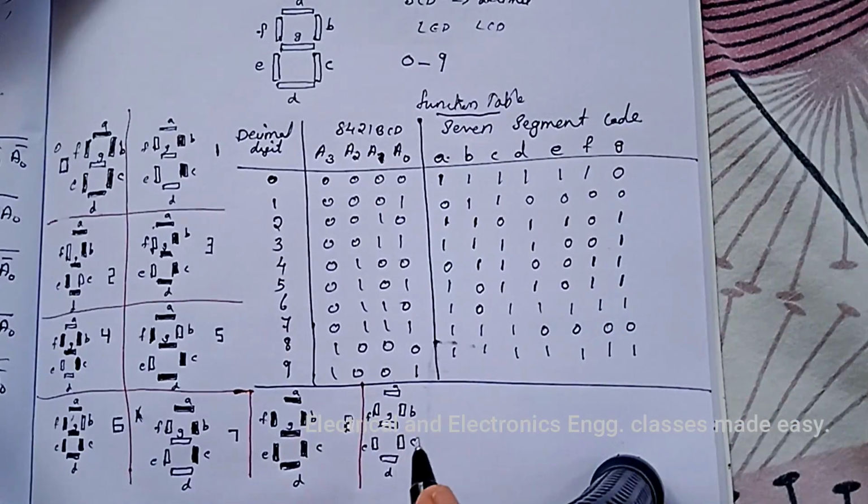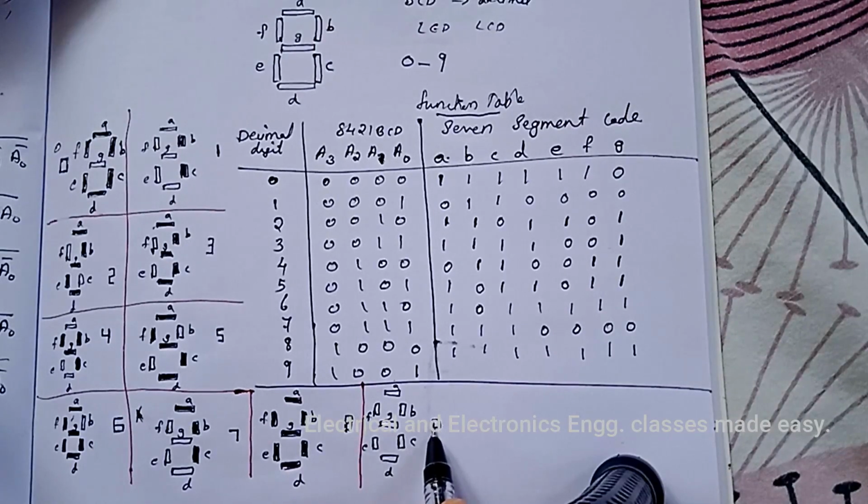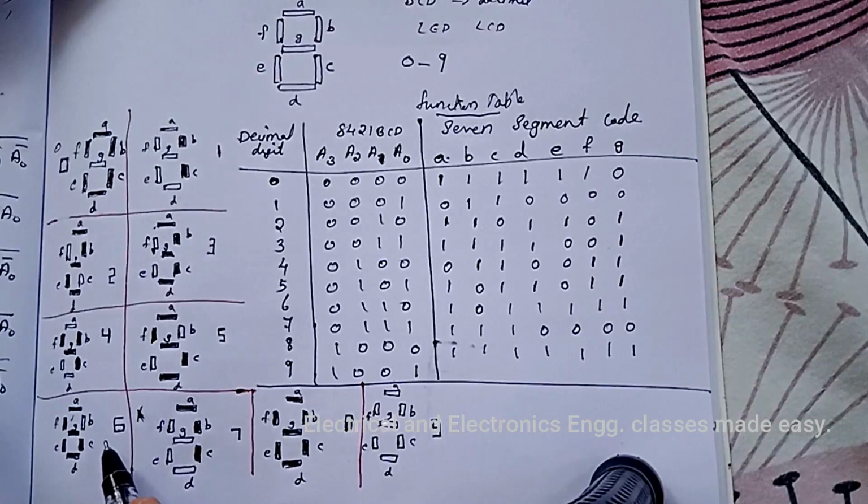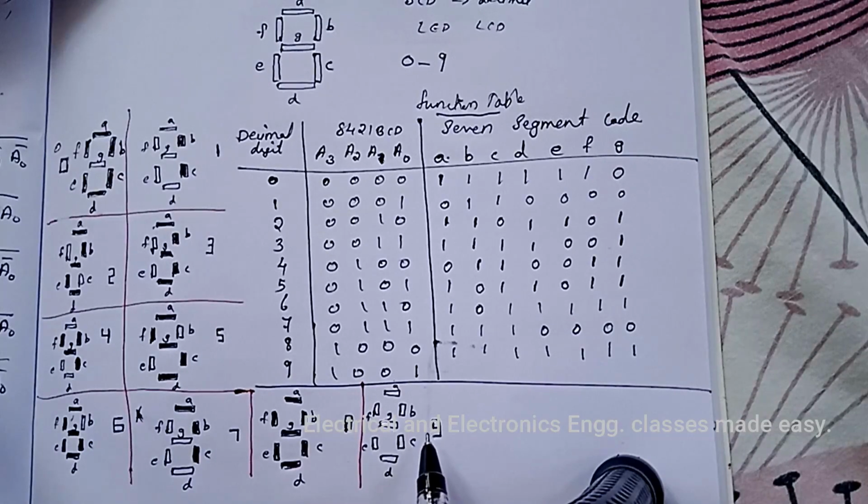Next is number 9 and 9 will be displaying like this. So note number 6 and 9. 9 will be displaying like this and not like this.